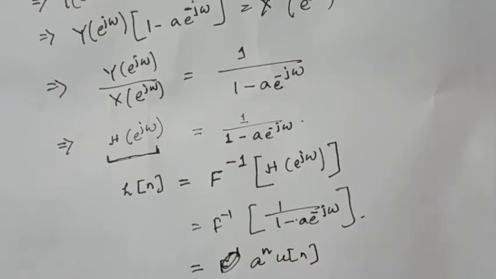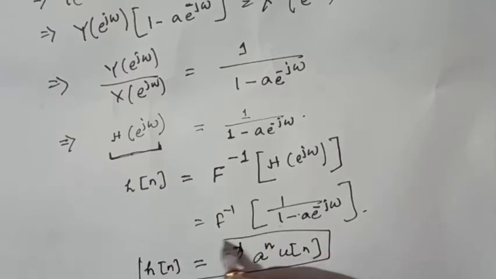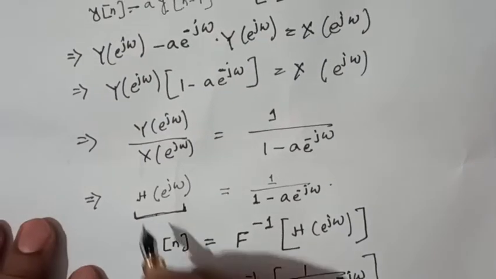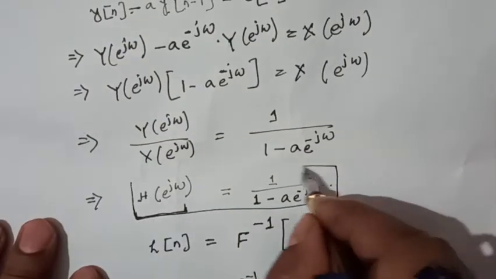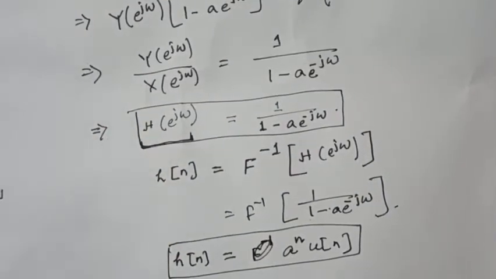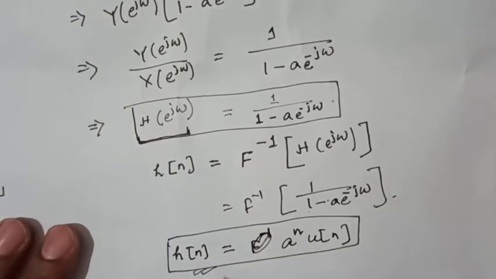So finally you see from the frequency response we can get back the impulse response of the system. So the frequency response of the first order system is this, and from which we can obtain the impulse response of the first order system as this.